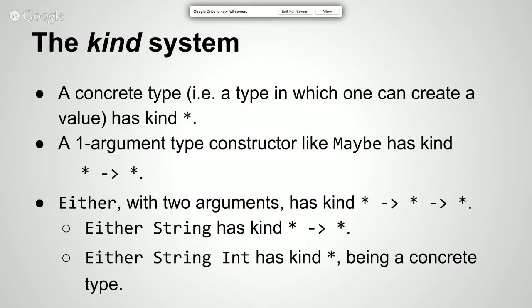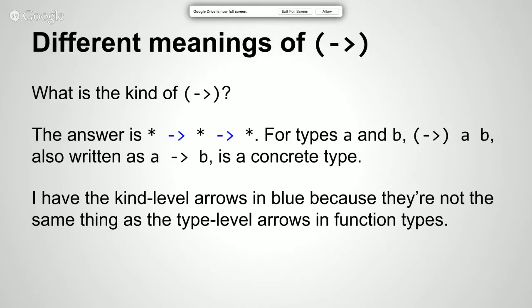And Either has kind Type -> Type -> Type. As we can do at the value level, we can curry. So Either String has kind Type -> Type, and Either String Int has kind Star, which means that it's a concrete type. And just to point out a source of danger, the kind of arrow is Type -> Type -> Type, which shouldn't be too surprising.